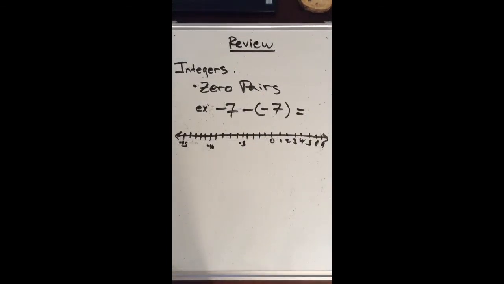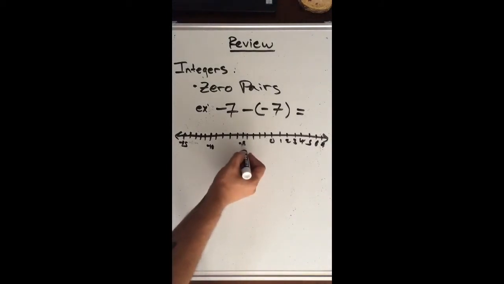For our last example, we're going to evaluate the equation negative 7 minus negative 7. Well, let's see here. If we're going to start at negative 7, there's a lot of numbers, so here's negative 5, 6, negative 7 here.